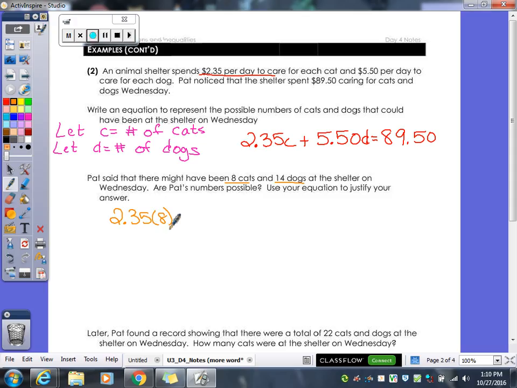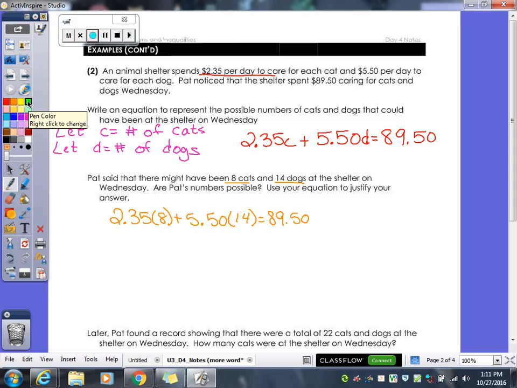And then put what in for d? 14 for d. Yeah. Oh, I was definitely doing it wrong then. That's okay. Because I thought you were making another thing. No, we're not making another equation yet. We're just checking to see if these numbers work. All right, well, what's 235 times 8?